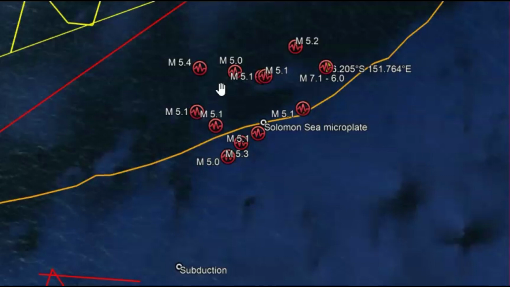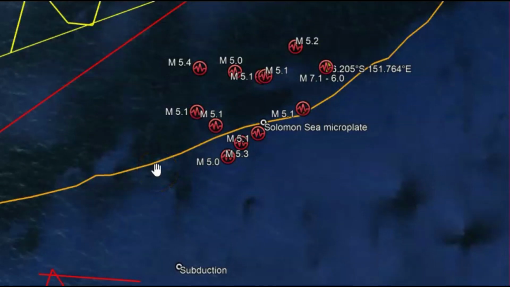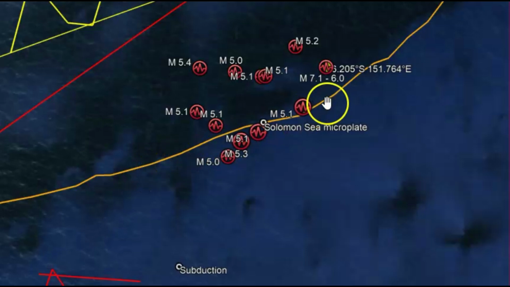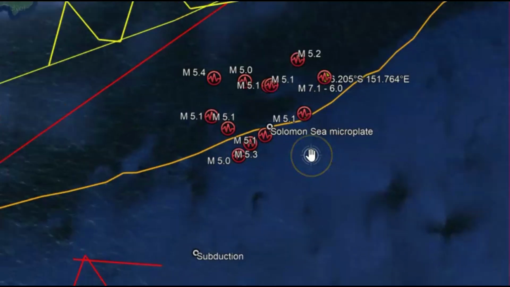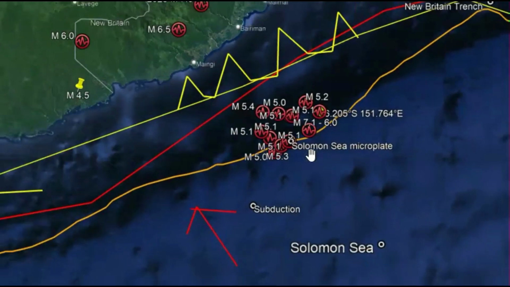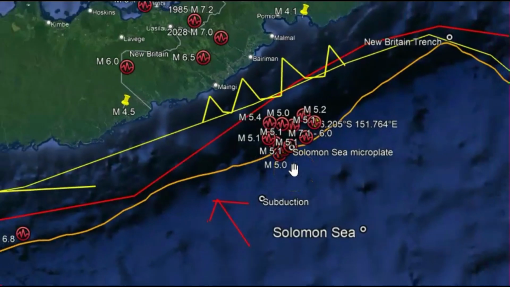It's locked, which means it very well could have a very large earthquake, the rupture of the entire fault zone, which would be very devastating, especially being so close to a population area.